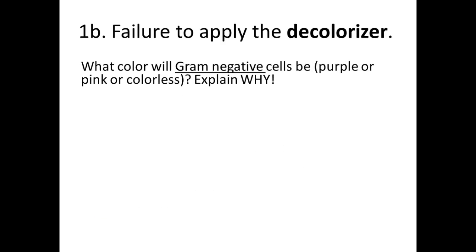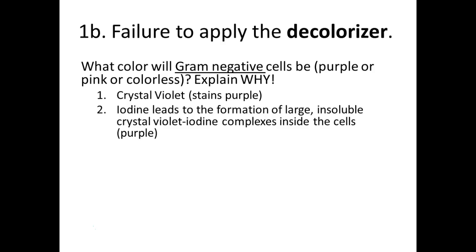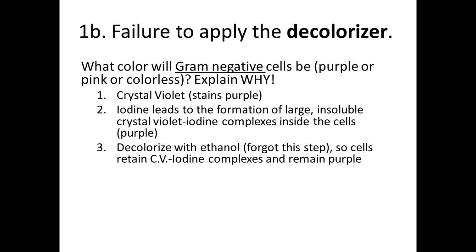But does this create a problem for our gram-negatives? Absolutely, right? They won't end up being pink. They'll end up being what? Purple. Well, let's go through the steps. You're going to make them purple, right? You're going to add the iodine. They're still going to be purple. You're going to decolorize them. Oops, we forgot that step.